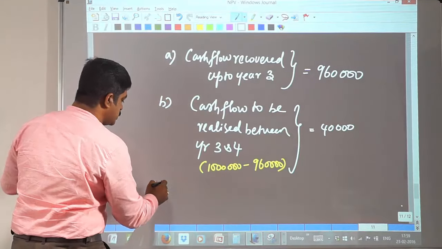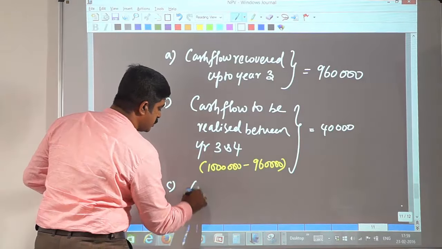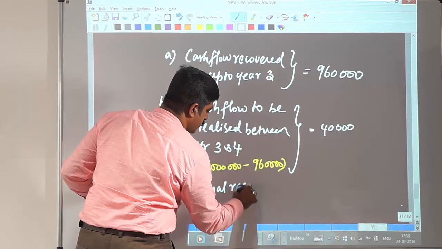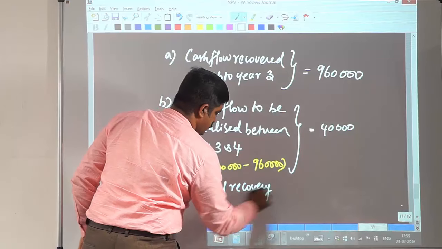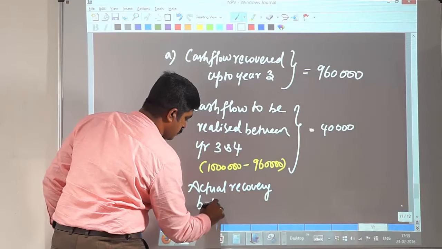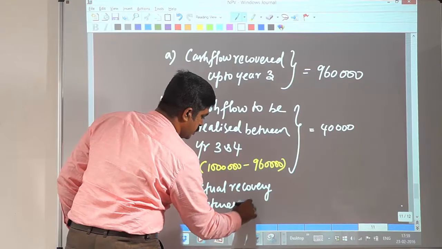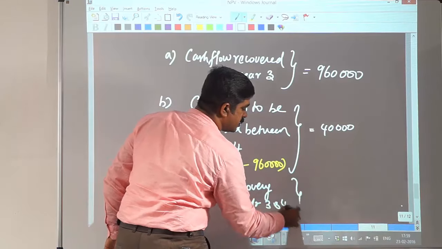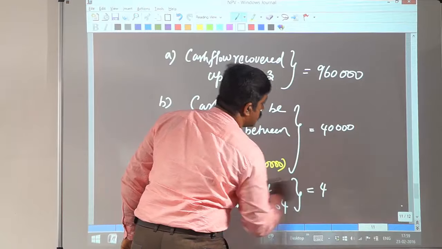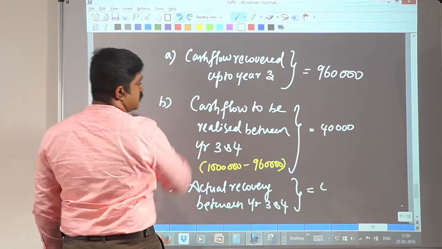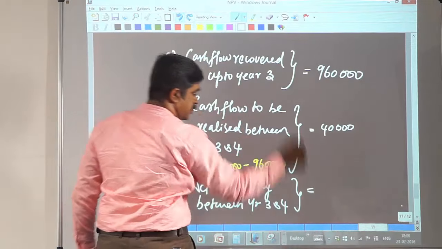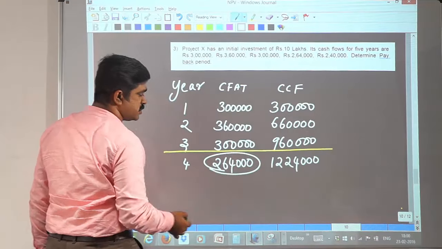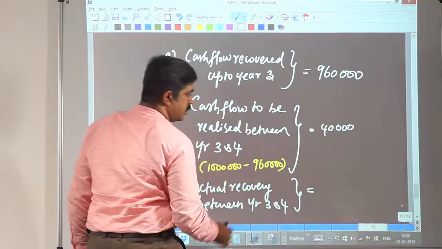Now let us write the actual recovery between year 3 and 4. What is the actual recovery between year 3 and 4? It is not 40,000. The actual recovery between year 3 and 4 is 2,64,000.